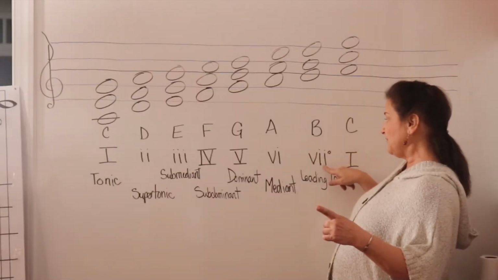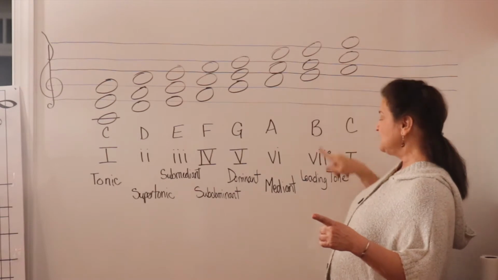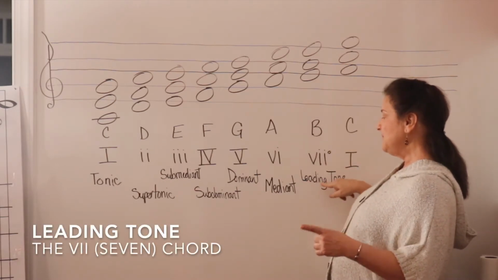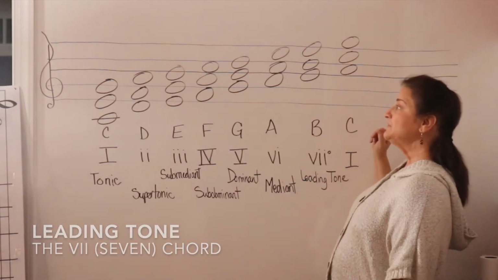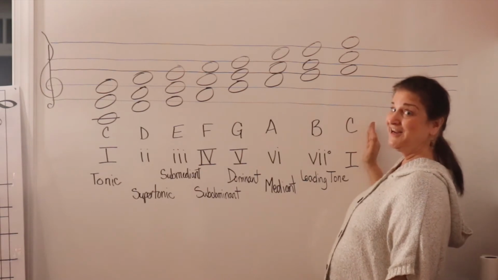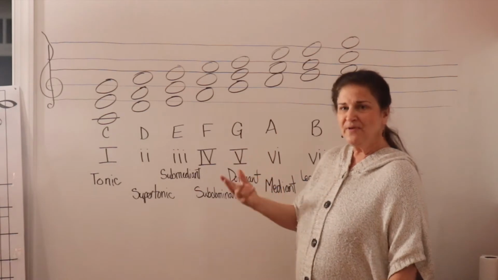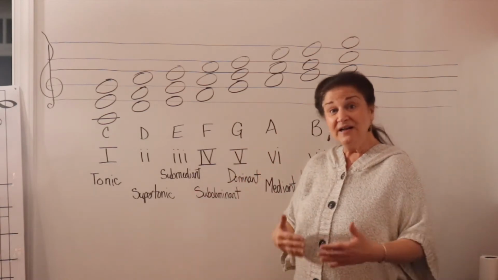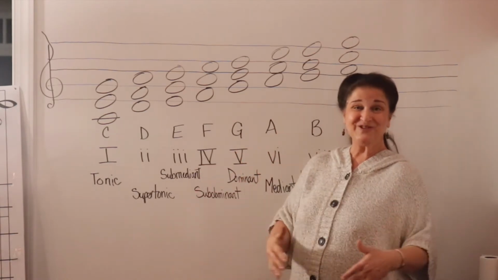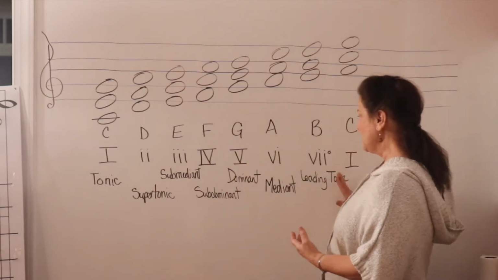The 7th scale step is called the leading tone because it leads to the tonic. Ti, do. Do, re, mi, fa, sol, la, ti. It wants to go somewhere. It wants to go to do. That's where that name comes from, leading tone.